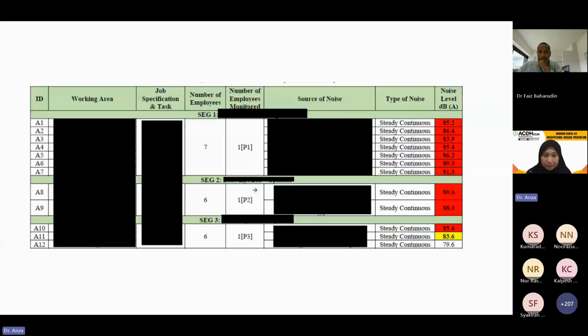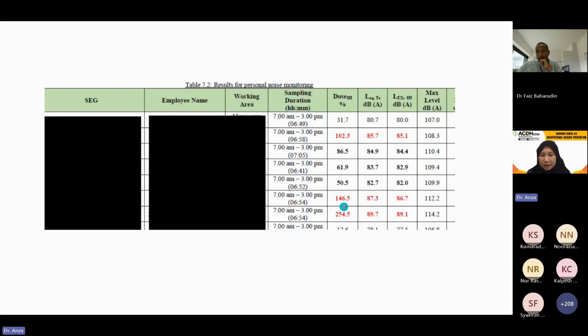This is an example of a noise risk assessment. This is the area monitoring, showing the type of noise, whether it's steady or intermittent. What you can see here is continuous noise. This is from personal exposure monitoring. For row number 2, the personal exposure is 85.7.